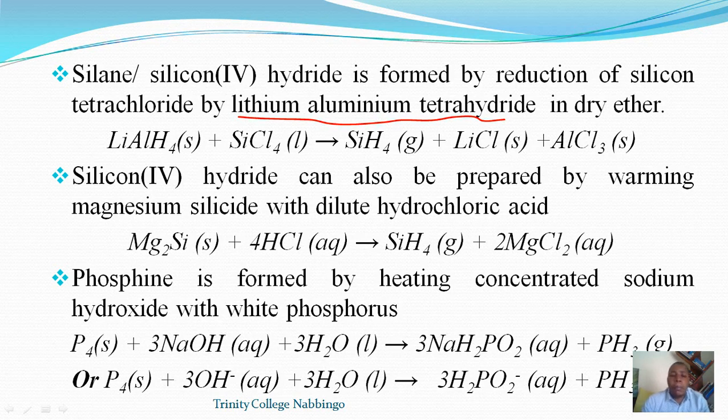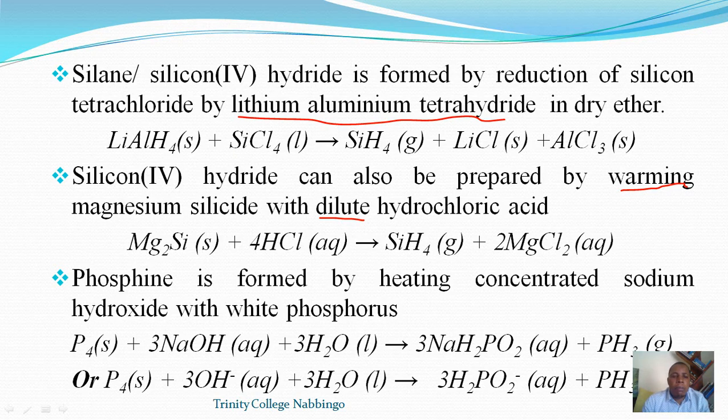But that's not the only way silane can be prepared. It can also be prepared by reacting magnesium silicide with dilute hydrochloric acid. It's very important for us not to ignore the conditions of reaction. Warming is required and the acid is supposed to be dilute. So magnesium silicide reacts with dilute hydrochloric acid to give us our silane and magnesium chloride as the other product.